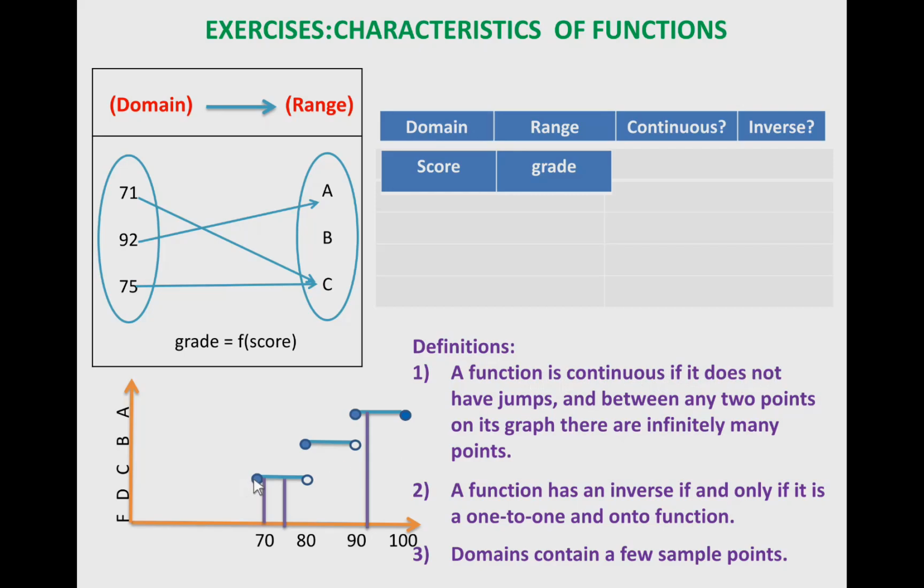So the function is equal to a grade of C from 70, 71, 72, 73, all the way until 79, 79.5, 79.99, and then it jumps to B at 80. So the function is not defined as C at 80. It is defined at 80 in the interval of B, and so on. So this function is not continuous.